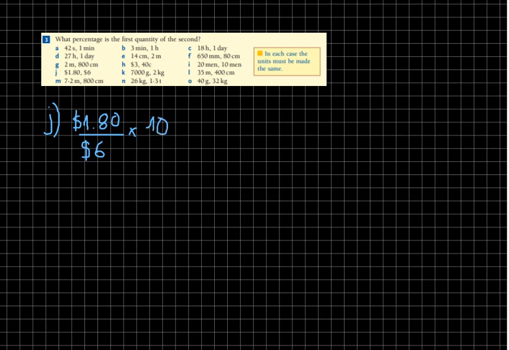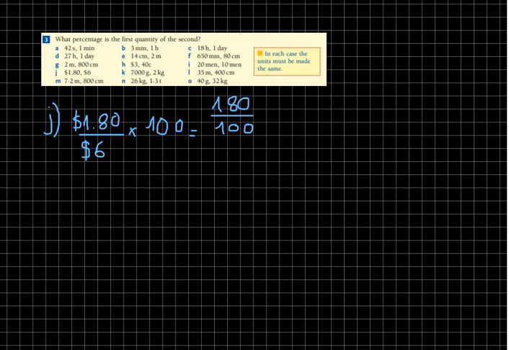That's another method. Okay, you know that I really don't like to work with decimals, so I'm going to change that decimal into a fraction. That is going to be 180 above a 1 followed by 2 zeros, since we have 2 decimals in the original number.